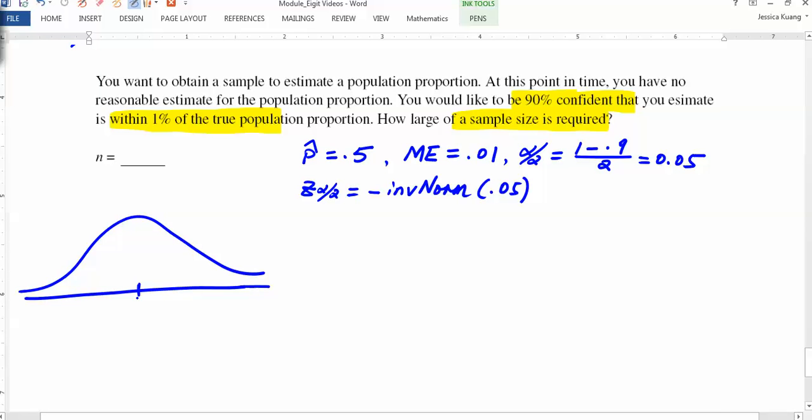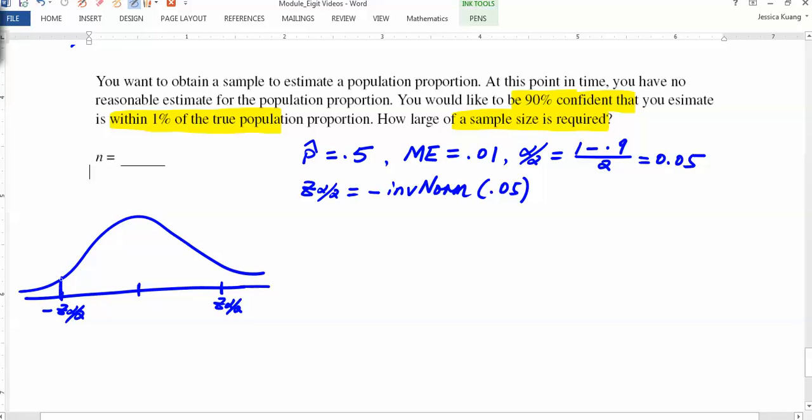Here is the mean, and z alpha over 2 is this z-score over here, and here we have negative z alpha over 2. And because the normal distribution shape is symmetrical, we could use the negative z alpha over 2 to find the actual number we are looking for, z alpha over 2.